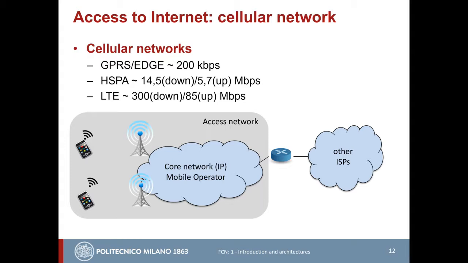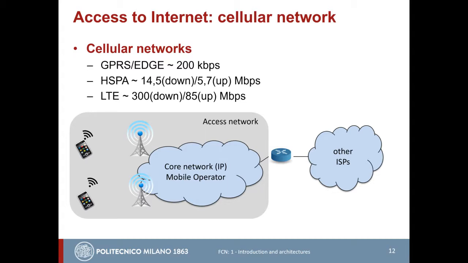this allows you to not only exploit a reliable network, also in some cases be able to send data at high capacity, but also to access the network everywhere, because the coverage of the cellular network is ubiquitous. So you can be everywhere in the world, actually.